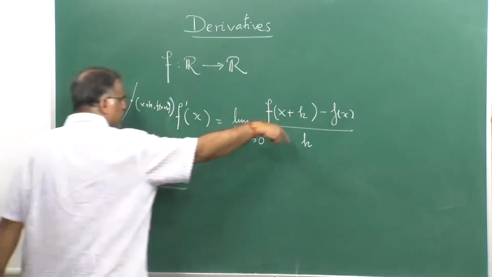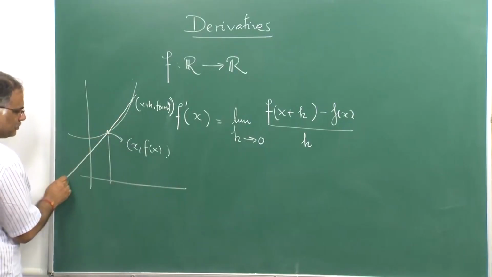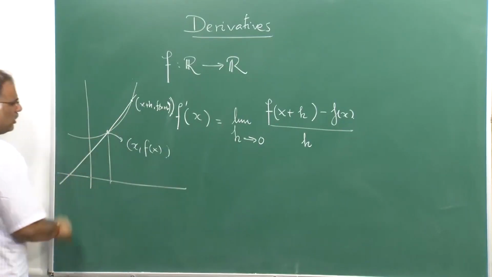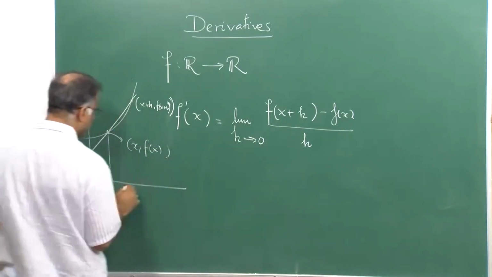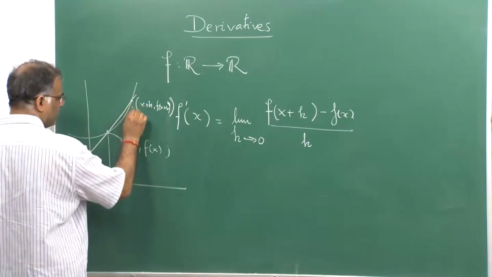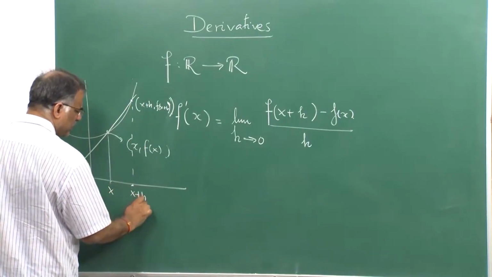So, this ratio that you see is nothing but the slope of this line. Now, if you have h becoming smaller, so this was my x plus h, this was x and this was x plus h, so this was h.